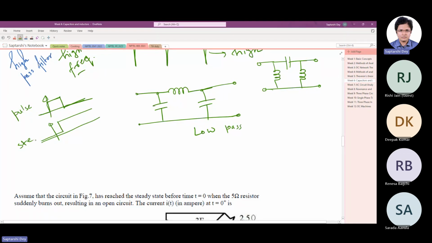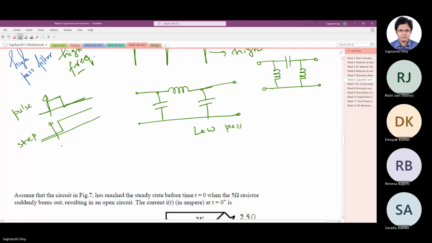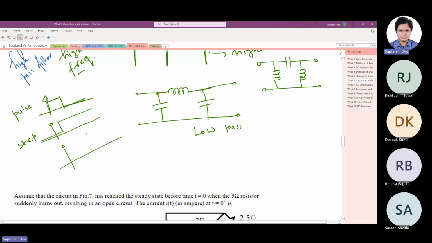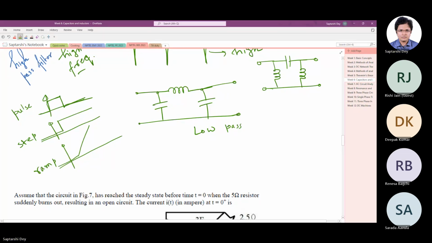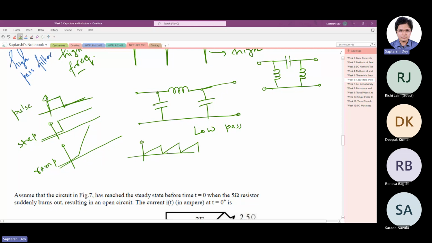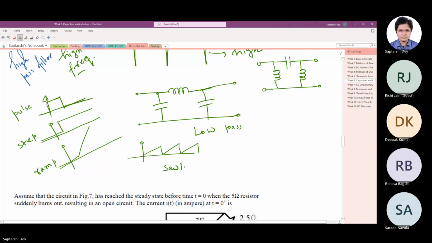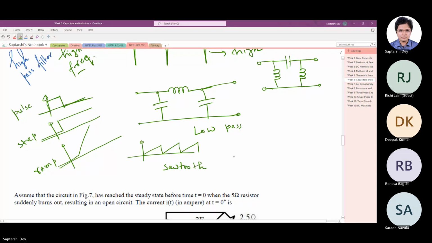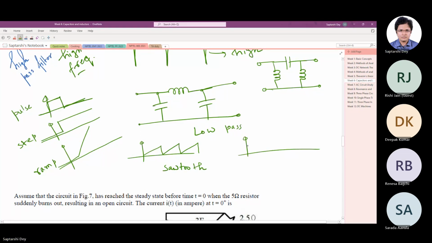This is called a step. If it is like this, it was 0, then suddenly starts increasing linearly. It is called a ramp. If you have like this, it is called a sawtooth. If you have like this, it is called a square wave.